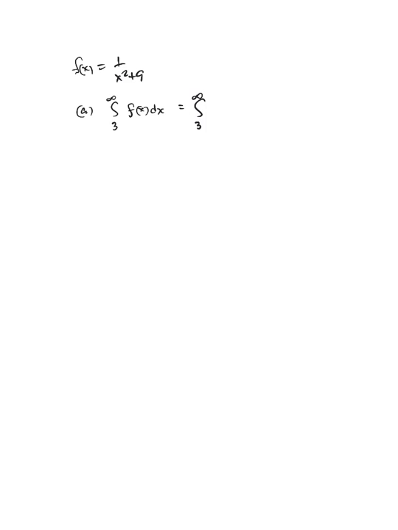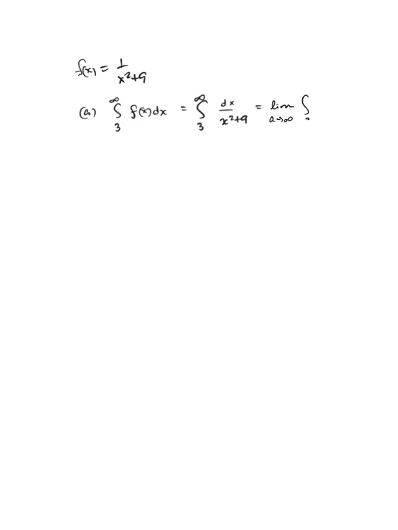When we go to evaluate this, you needed to realize that the antiderivative of this function was 1/3 arctan x over 3. And that's where some of you fell short. Anyway, when you're evaluating this, you need to make the upper bound a go to infinity, the integral from 3 to a.